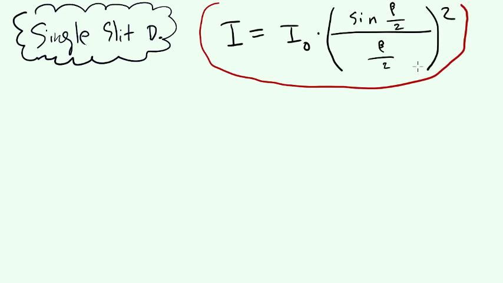And beta is k times capital D sine theta, where capital D is the slit height. Now, this is slit height, but if it's a horizontal slit, then you can call it width.